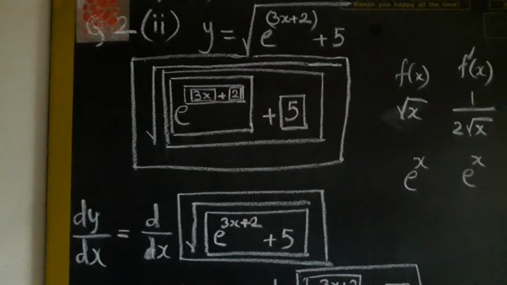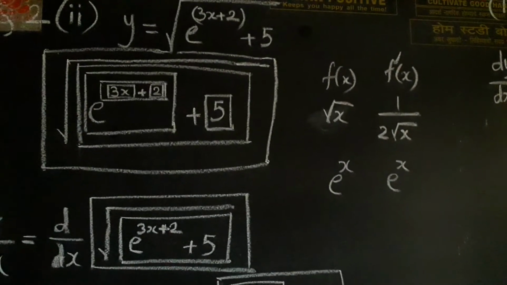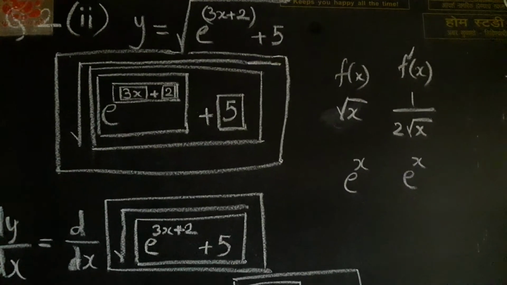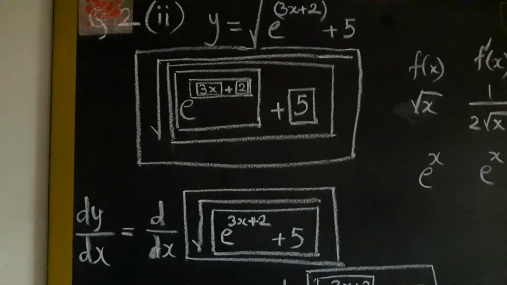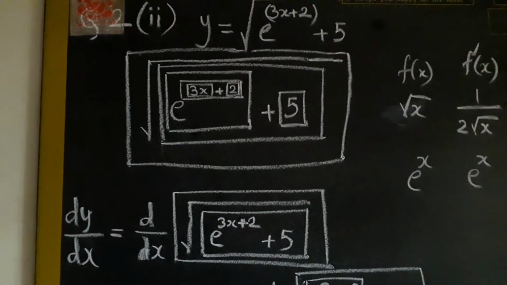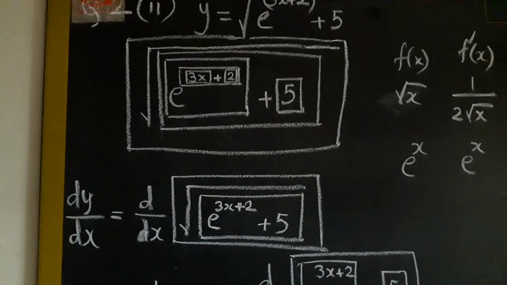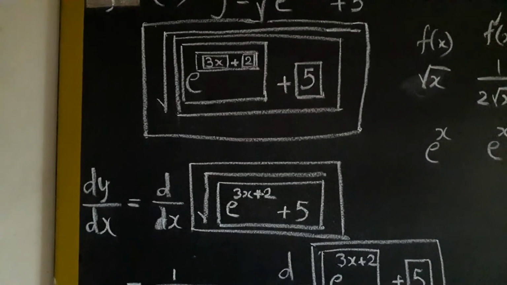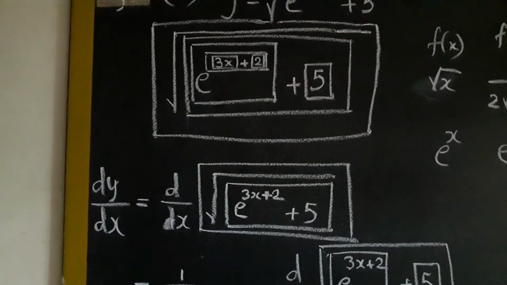Since it is a square root sign, we know that if the function is square root of x, then the derivative is 1 upon 2 root x. So we make use of that for the square root sign, with the inner box which I look at. So d dx of the whole outermost box, we have written in the next step, and when we open it there is a square root inside.